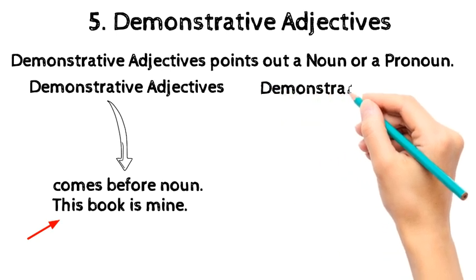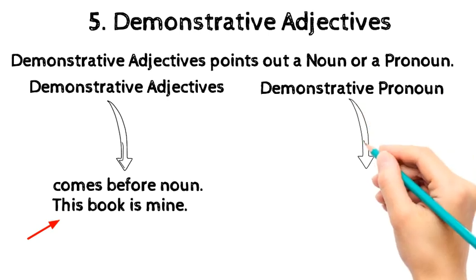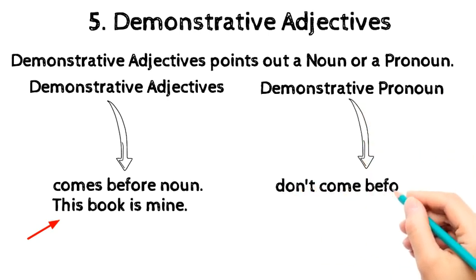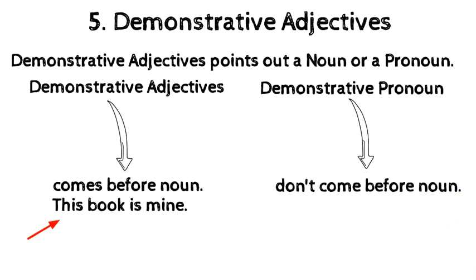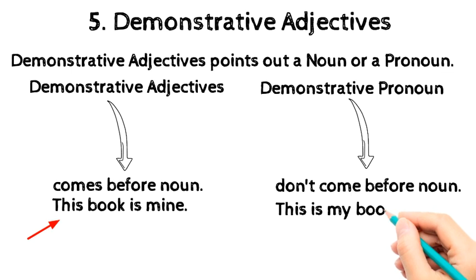And now let's come to demonstrative pronouns. So when it comes to demonstrative pronouns, they don't come before a noun. Generally, they come before an auxiliary verb. Suppose for example, this is my book.